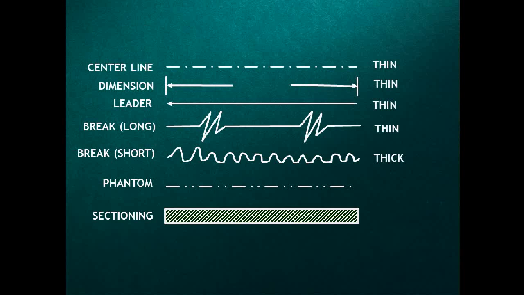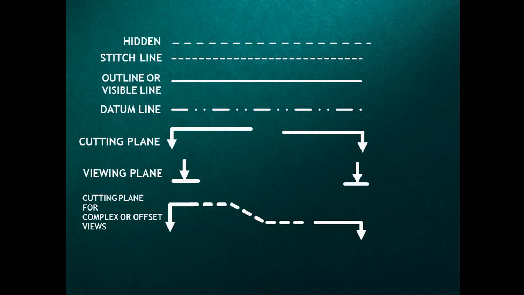The break short is thick because it's similar to actually doing it on paper. You just run your pen on it and it usually appears thick. Phantom is thin, and sectioning is also thin.